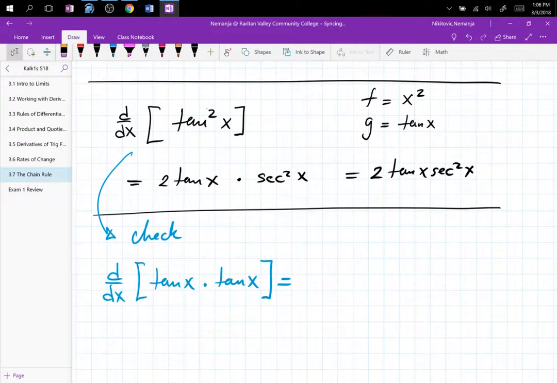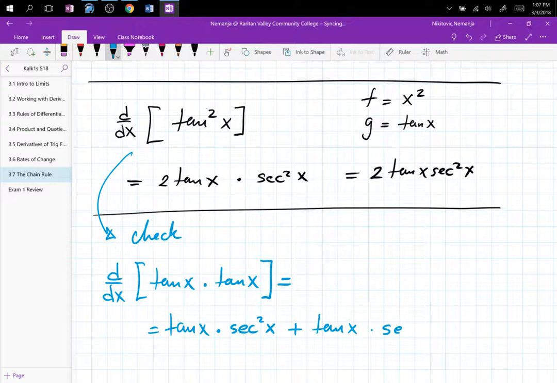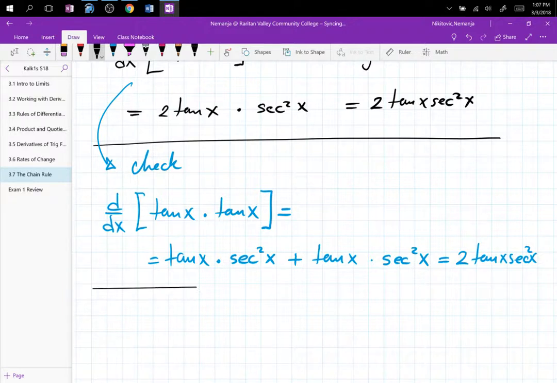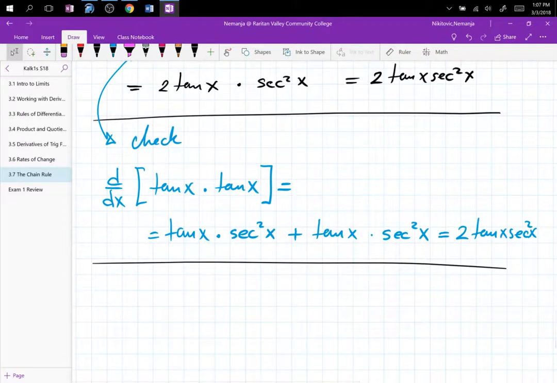Product rule. Copy the first times derivative of the second plus copy the second times derivative of the first. Well, aren't they the same, huh? It's mathematics. Great. No coughing.